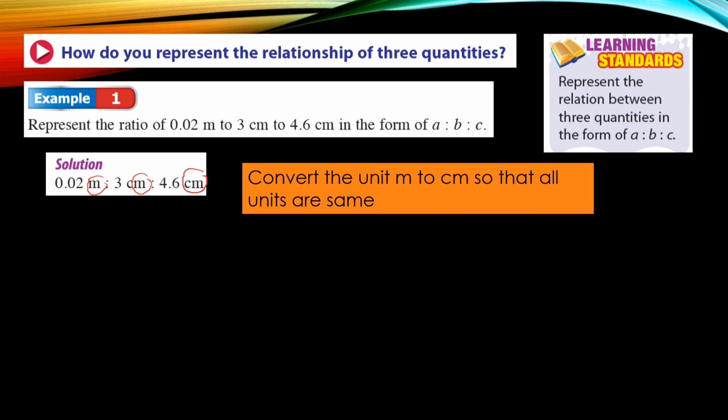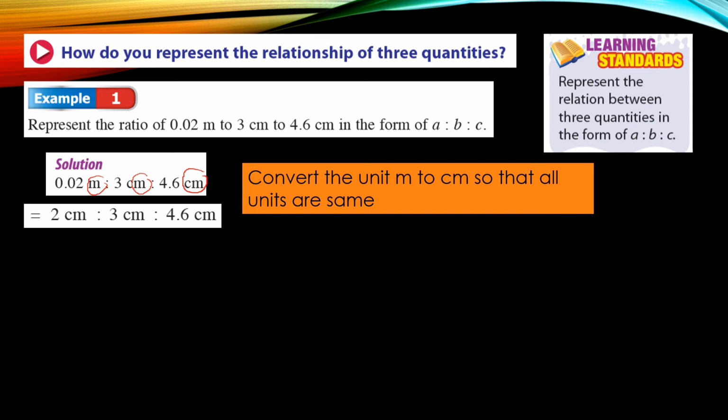Convert the unit meter to centimeter so that all units are same. 0.02 meter, if we convert to centimeter, will be 2 centimeter. Ratio 3 centimeter, ratio 4.6 centimeter.